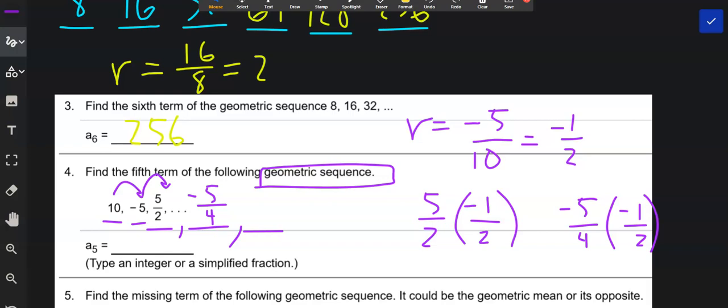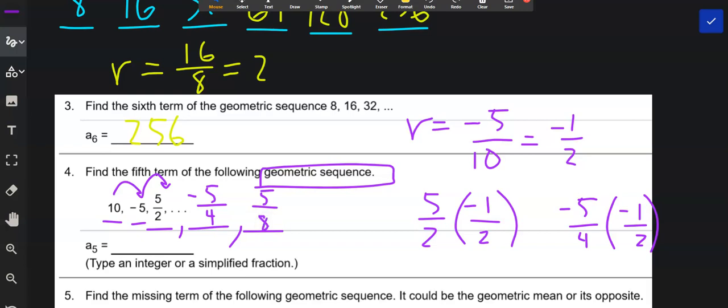What do you think, Strubing? Negative 5/4 times negative 1/2. Come on, Strubing, you can do it. It is definitely going to be a positive 5 because you got negative times negative on the top. And it's not going to be 6 on the bottom. What else do you think it could be? 8s.